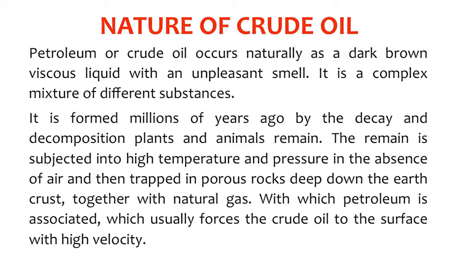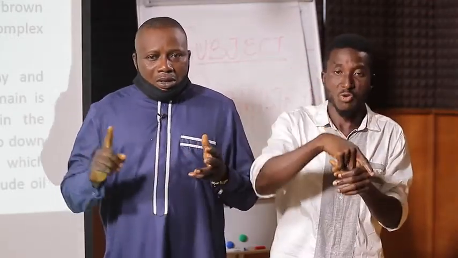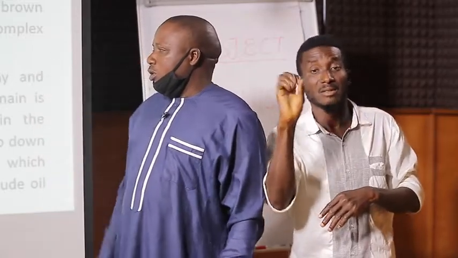It is viscous because it shines, and it has an unpleasant smell. And another thing you need to know about this petroleum, it is a complex mixture of different substances. We have the kerosene, the petrol, the petrochemicals, diesel, and so on and so forth.